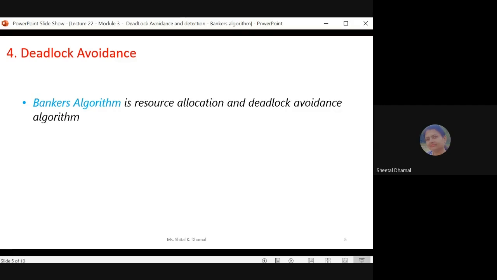The bank first subtracts the loan amount required by the customer from the total money available in the bank. If the total money available in the bank is greater than or equal to the loan required by the customer, then only the bank issues the loan. Then only the loan is sanctioned.